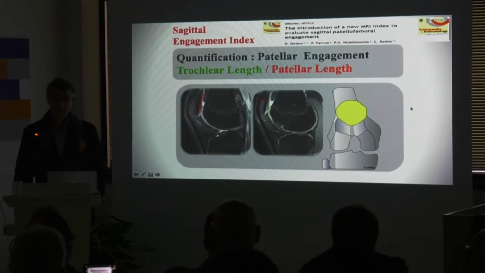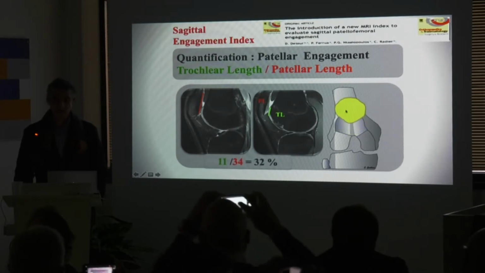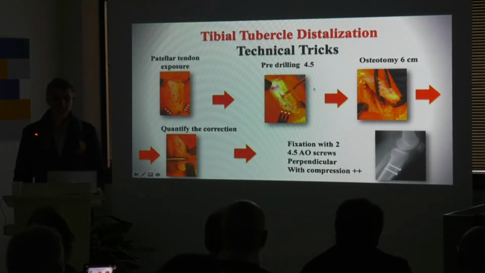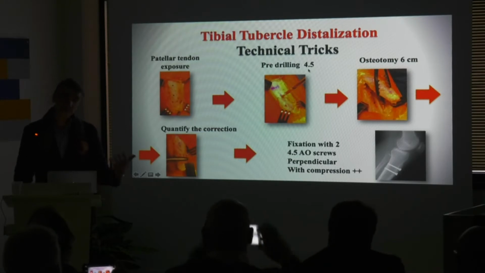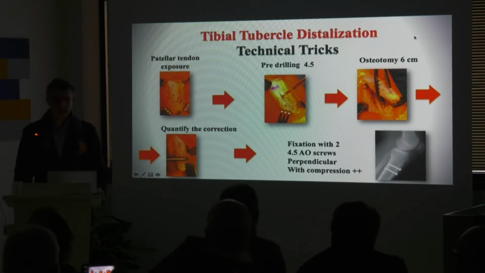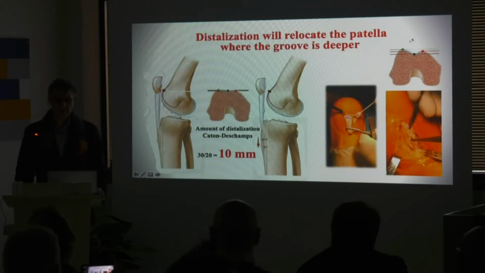See, this is exactly what we said before. You measure this sagittal engagement, and you will be able to know exactly if you need to engage your patella or not.